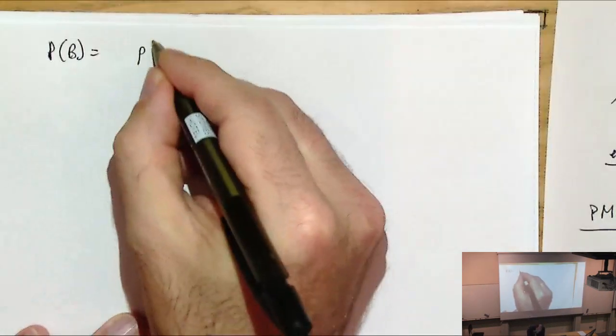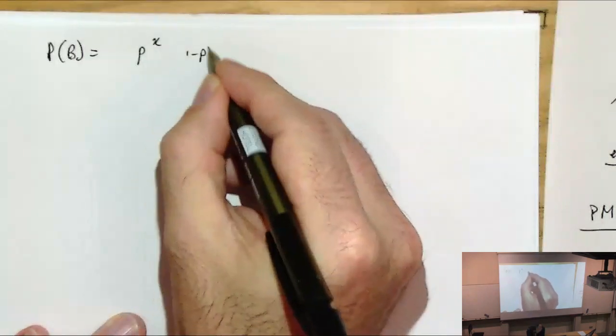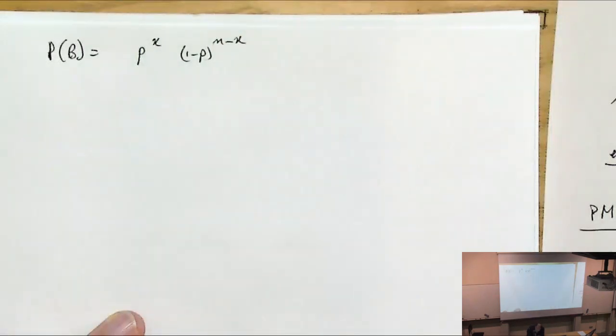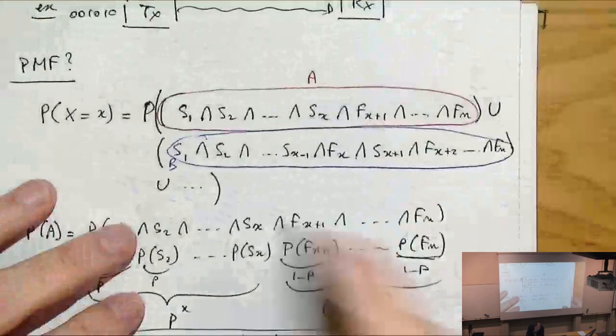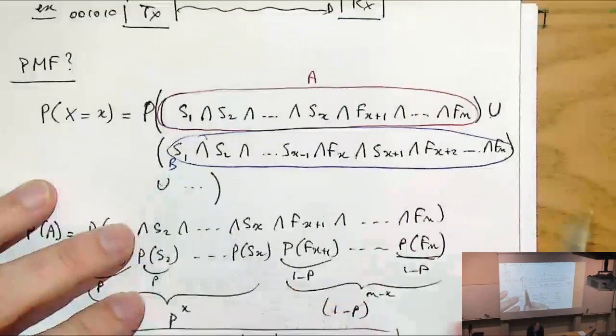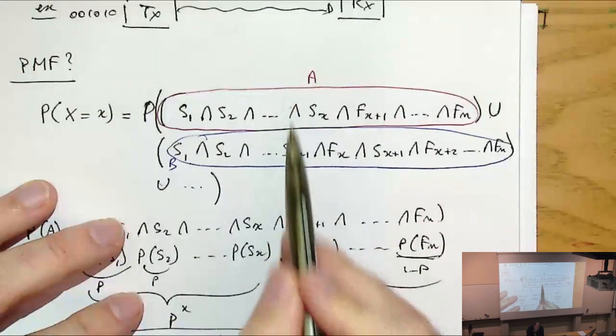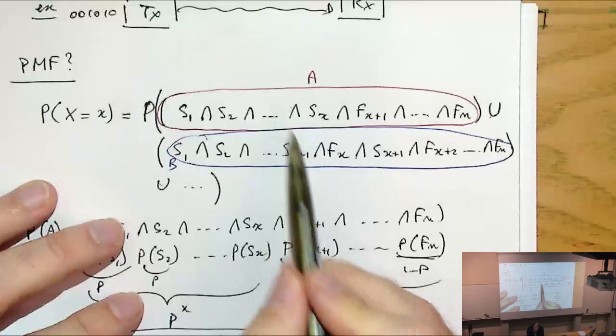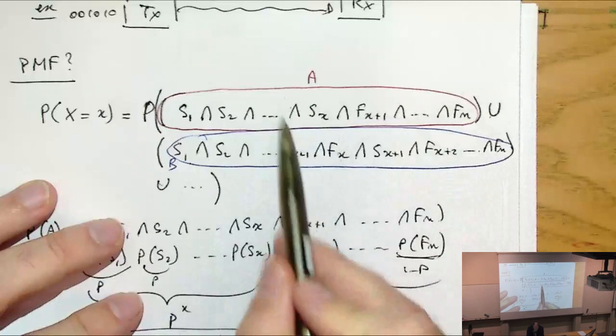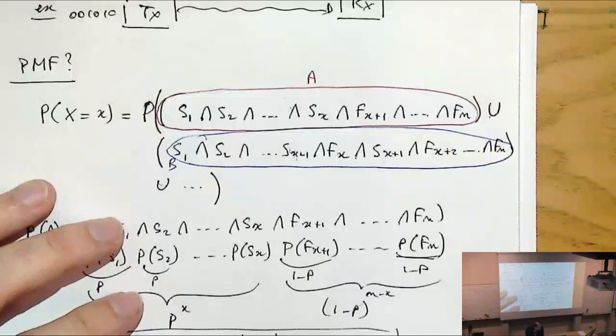So you get still P to the x, 1 minus P to the n minus x. So what you're left with is a probability of unions. Those events are disjoint, so it's the union of disjoint events. So by axiom of probability number 3, you can sum those probabilities.